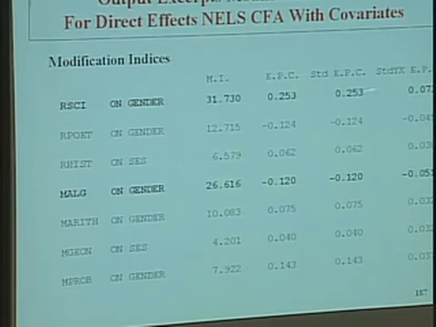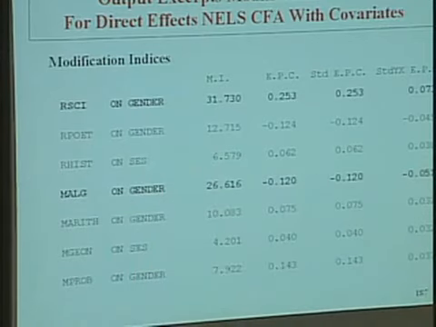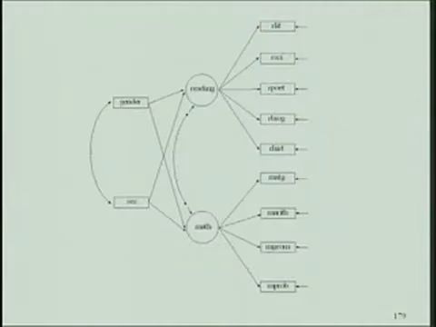So to start out with, we decided that we would look at the 2 direct effects, reading science on gender and math algebra on gender. So that would, if you want to look over here, be math algebra pointing to gender with an arrow and reading science pointing to gender with an arrow. That would be the direct effects. So we go directly from math algebra to gender. Or, I'm sorry, with nothing mediating.